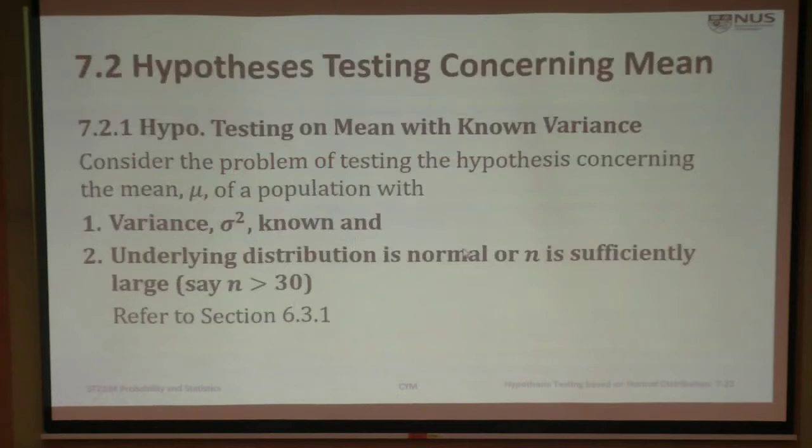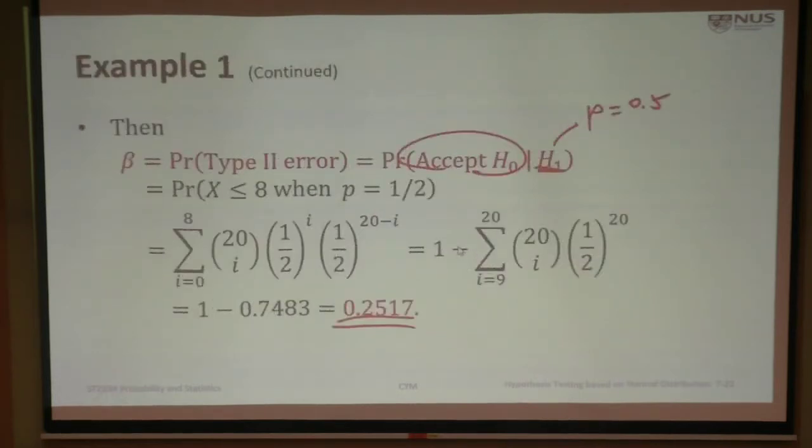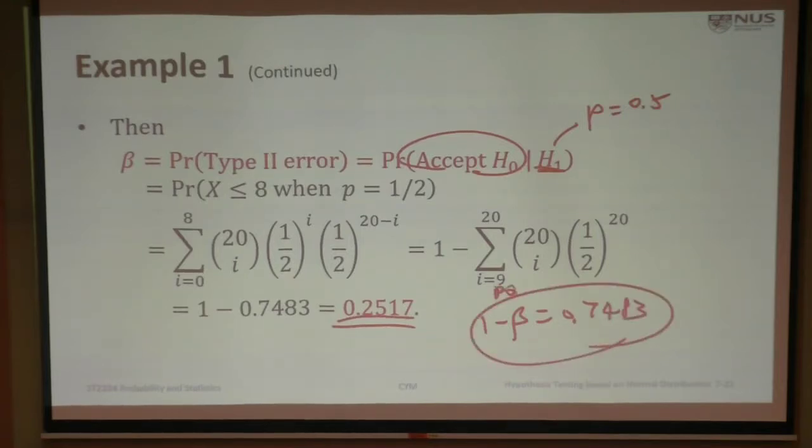All right, so the power of the test, of this procedure, is 1 minus beta. So it's 0.77483. All right, this is the power of the test above. So it is quite big.